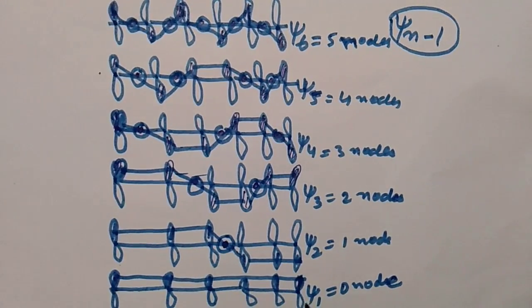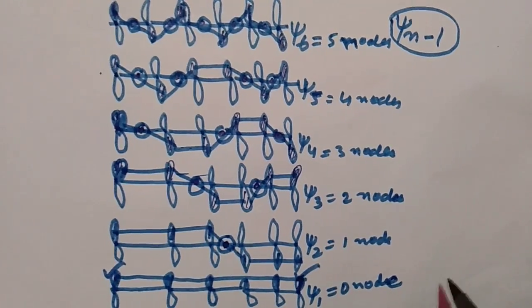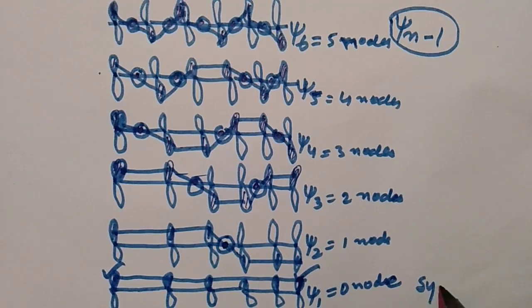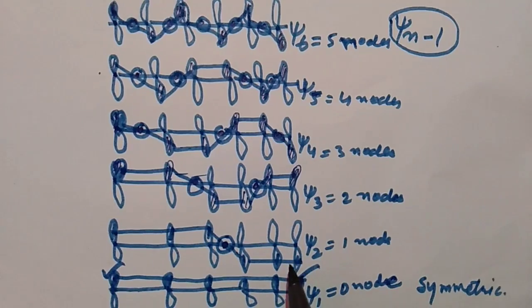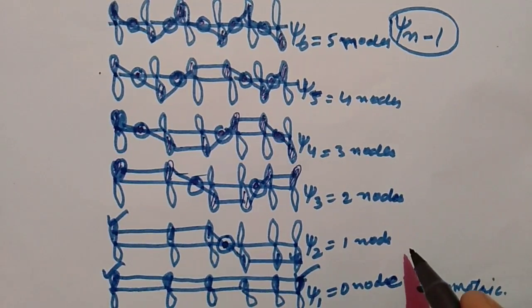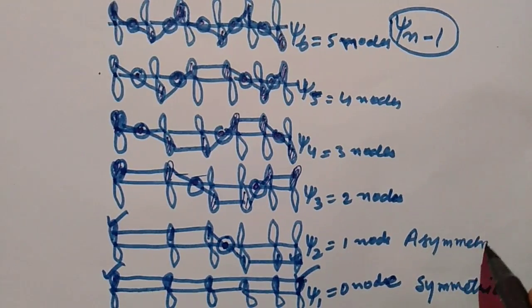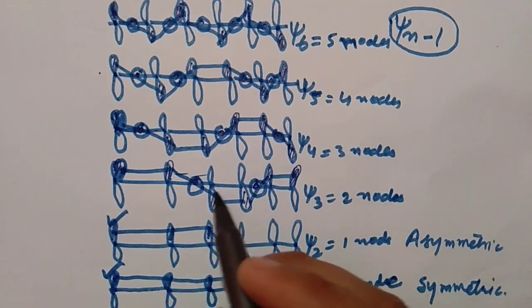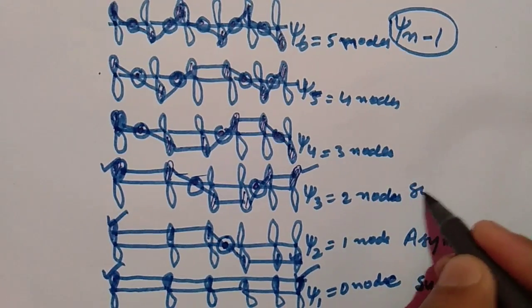Now in psi 1 the last two lobes have the same sign, so this is symmetric. In psi 2 the last two lobes have different sign, so this is asymmetric. Then again same sign, symmetric.